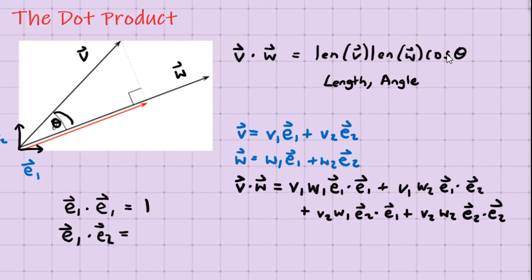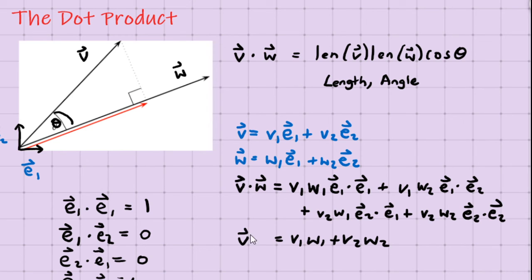The angle is 90 degrees. Cosine of 90 is 0, so that's 0. Same argument goes for e2 dotted with e1. That's 0. And e2 dotted with e2. That's 1. So you end up getting v1 w1 plus v2 w2, which is the other very well known expression for the dot product.